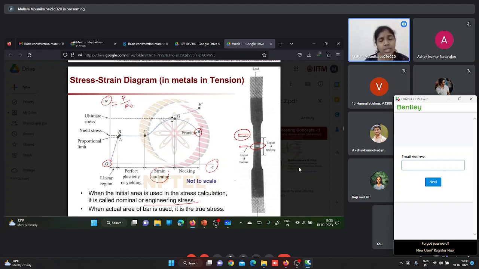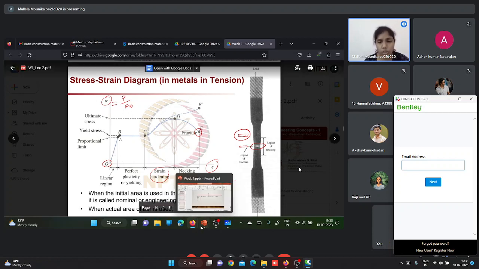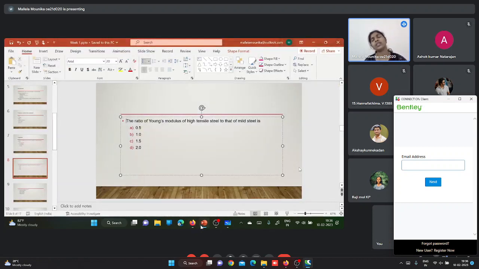Only the strain hardening and the ultimate strength will vary. So this will be a constant in both grades of steel. When both are the same, the ratio is 1. So the Young's modulus of high tensile steel to that of mild steel is 1.